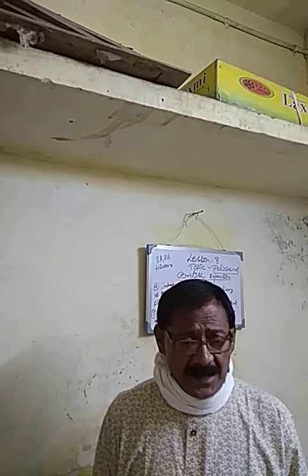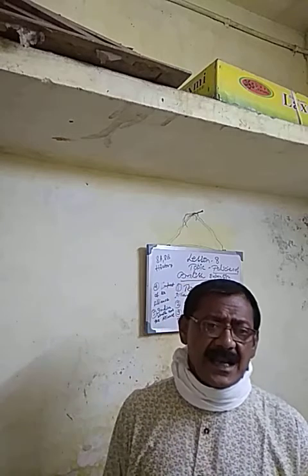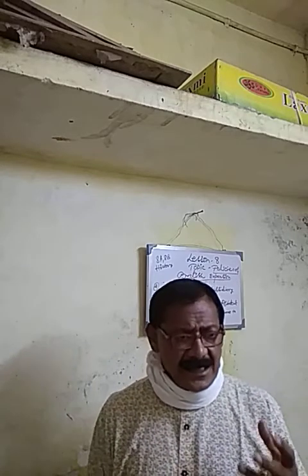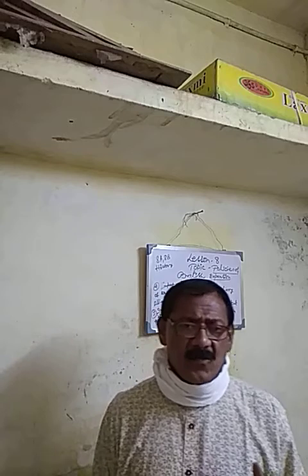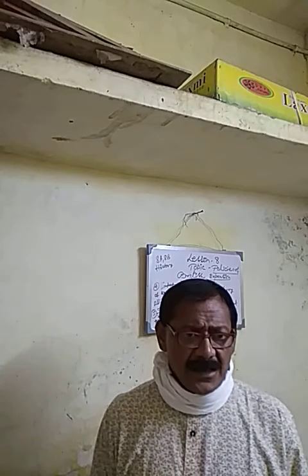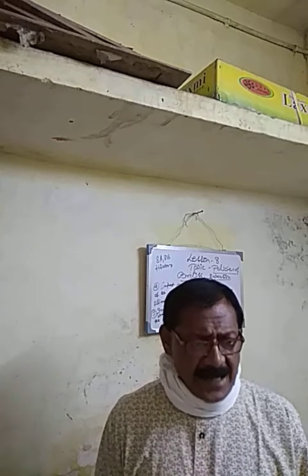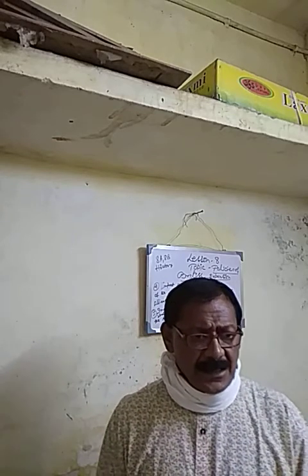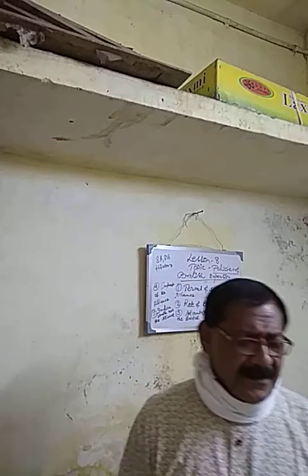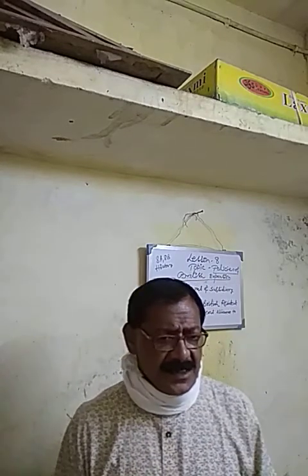As a result of it, under the terms of the subsidiary alliance, it was decided that Indian states who once declared war against the British were forcefully brought into the British subsidiary alliance.